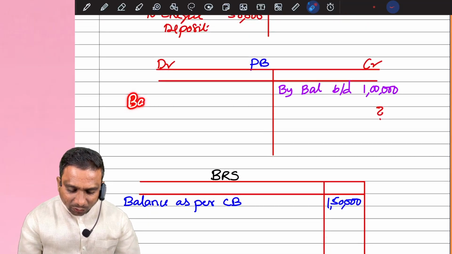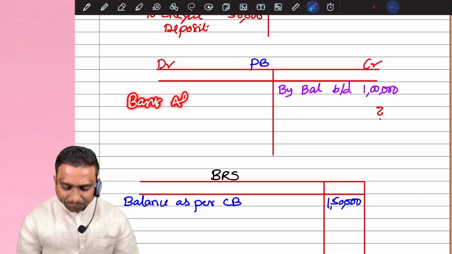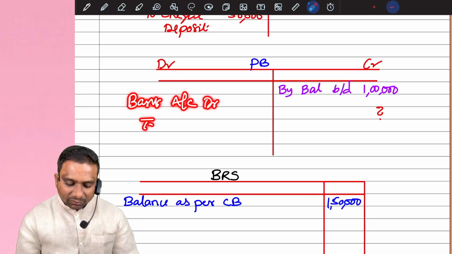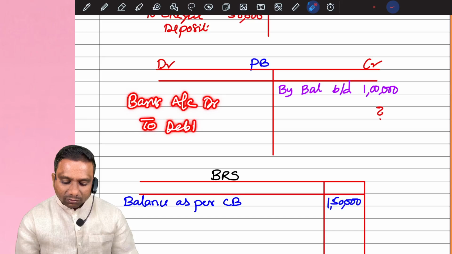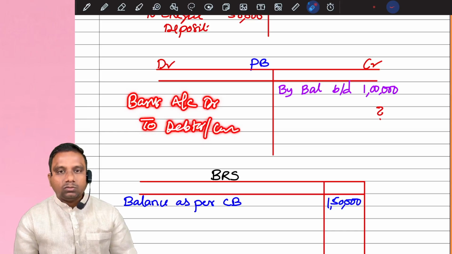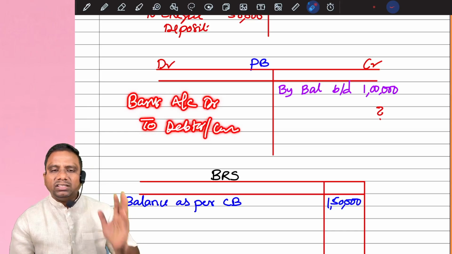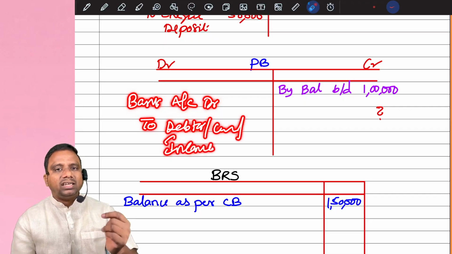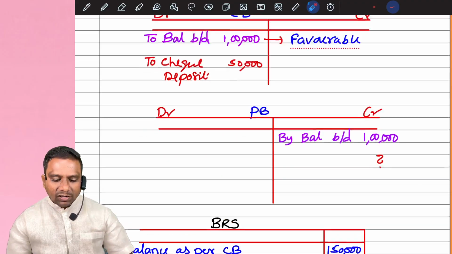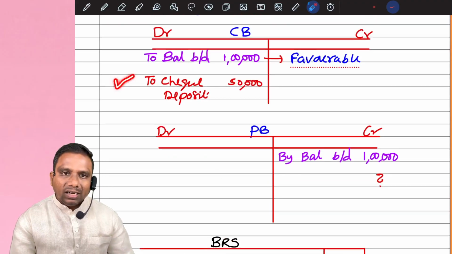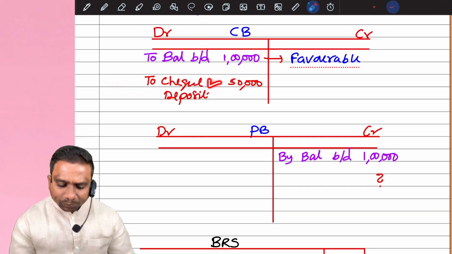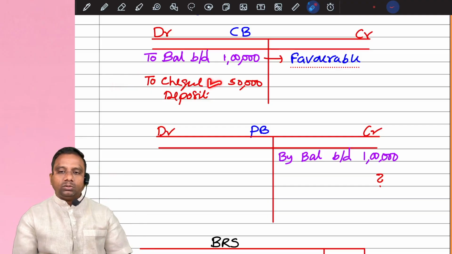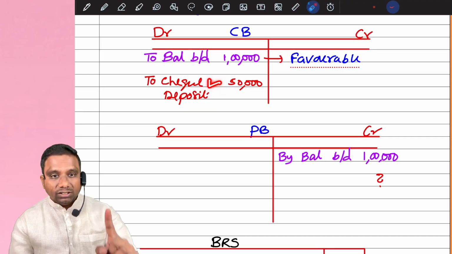Simply, bank account debit to debtor account or customer account, whoever it may be, the person who has given the check. Or if we receive that check for income purpose, that income account credit. Anyway, bank account is debited. So on the debit side, I have written to check deposit 50,000.